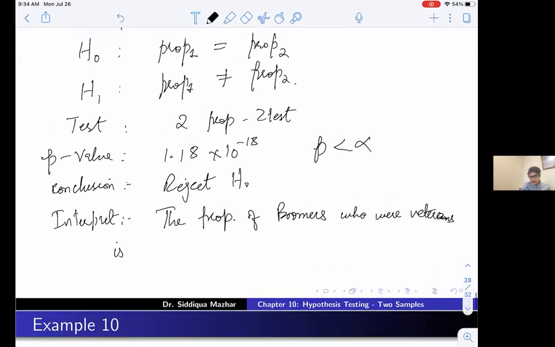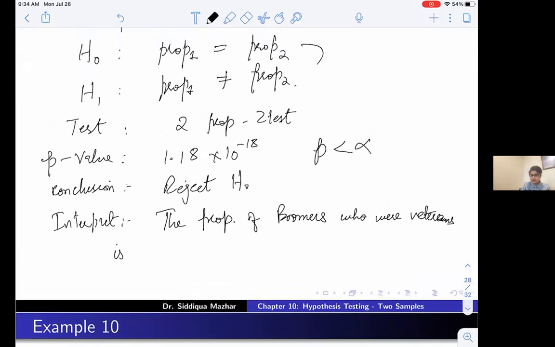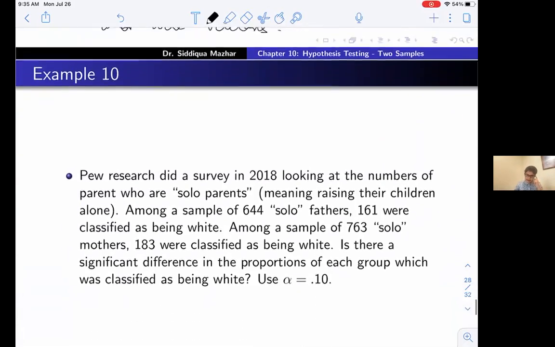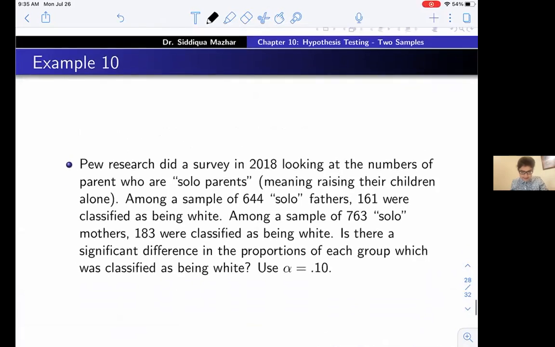Because we are rejecting the null hypothesis, alternatively I am going to accept my alternative hypothesis in terms of writing. So the proportion of boomers who were veterans is not equal to the proportion of millennials who were veterans. That's it. This was my example 9.